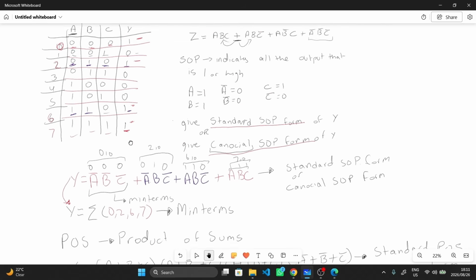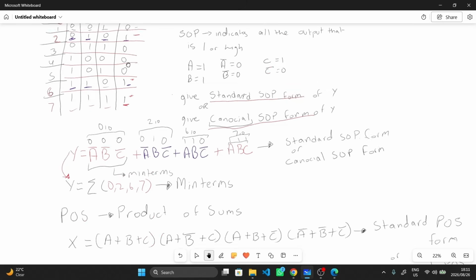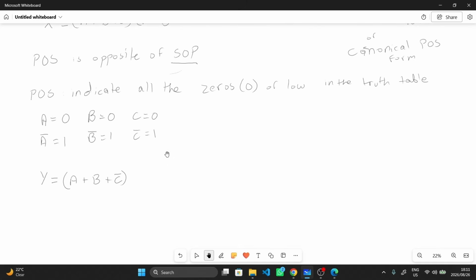Now we go to our second 0, which is at number 3, where A is 0, B is 1, C is 1.